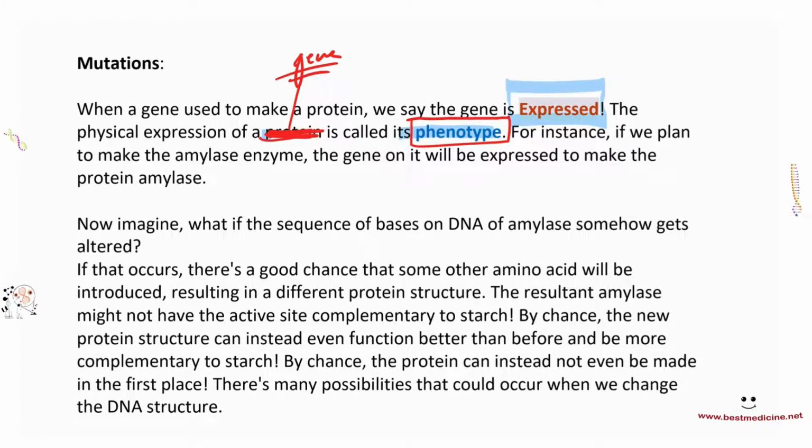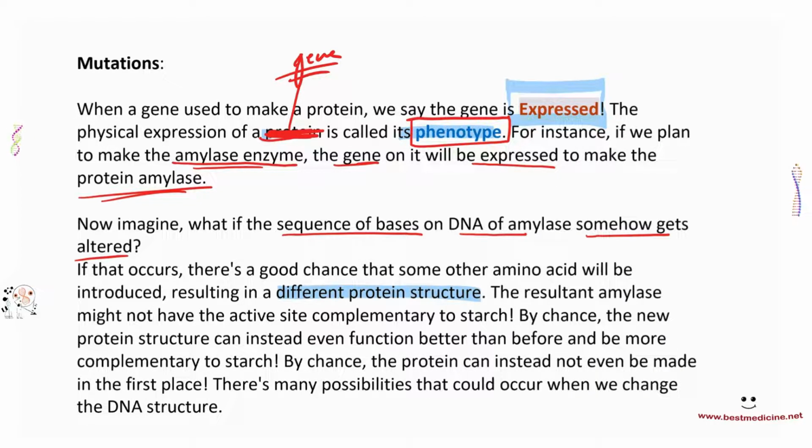So for instance, we plan to make the amylase enzyme. The gene on it will be expressed to make the protein amylase. Now imagine if the sequence of bases of the DNA of amylase somehow gets altered, right? We damage the amylase enzyme. Now, a couple of things could occur. Either it could stay the same, or you could result in a different protein structure.